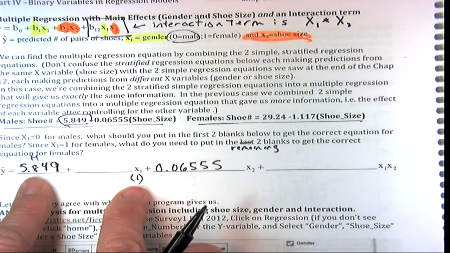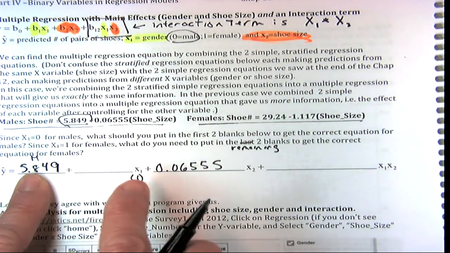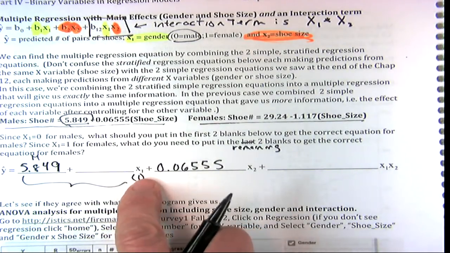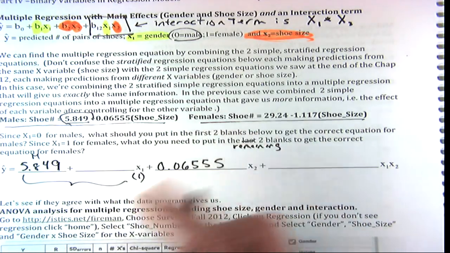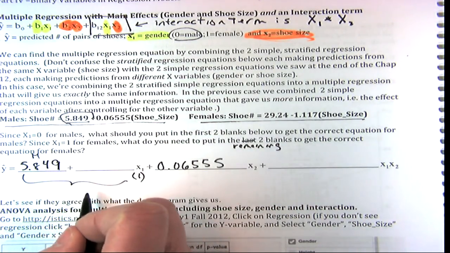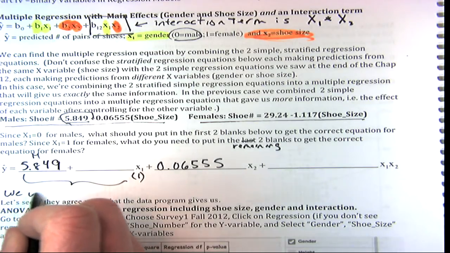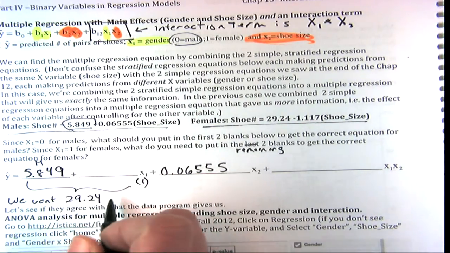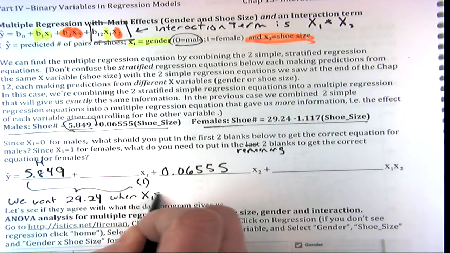So don't I want it to be this intercept? I want these two together to equal what? When x1 is 1, I want those two together to equal 29.24. Does that make sense? We want these two together to equal 29.24 when x1 is equal to 1.